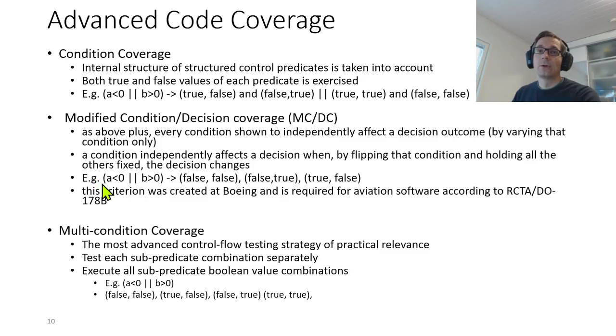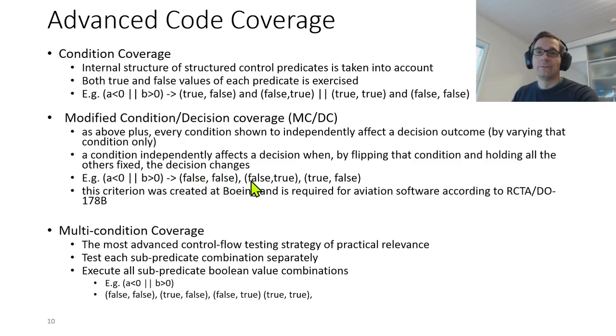So considering the code example where A is less than 0 or B is greater than 0, we would need 3 test cases to satisfy 100% modified condition decision coverage. We would need false-false test case that would evaluate to false.